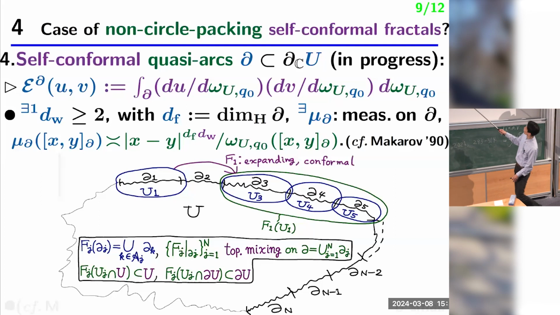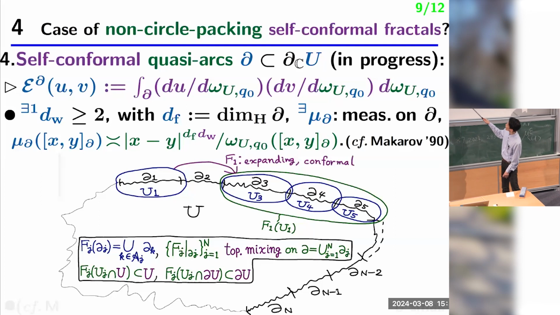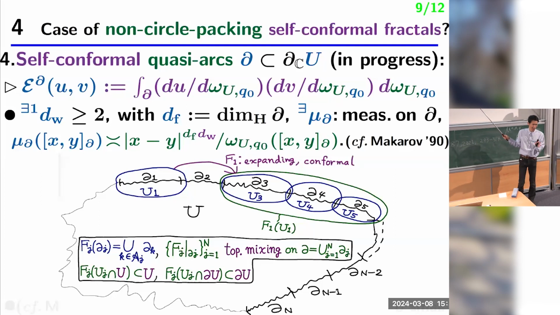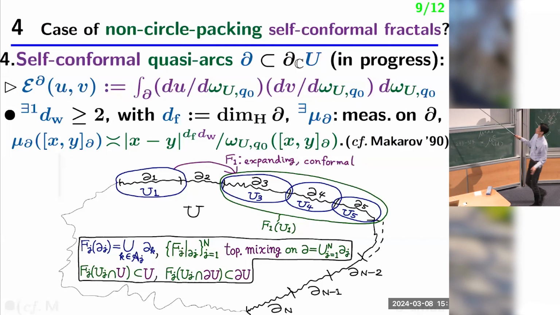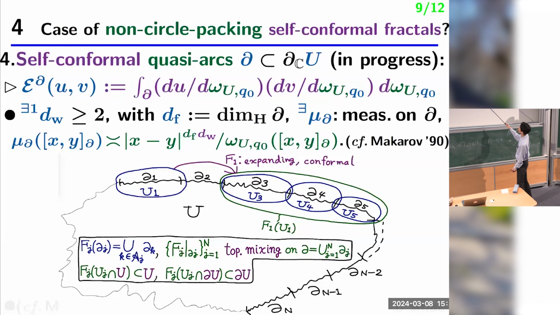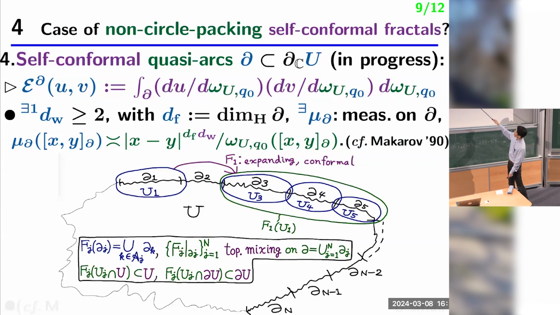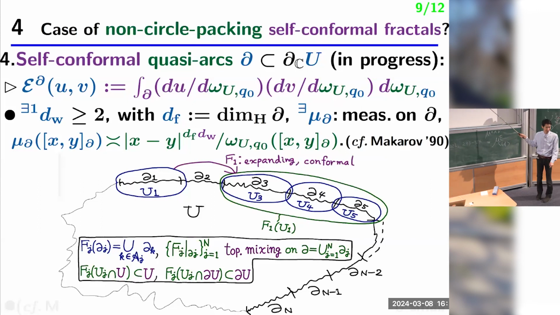So I'm trying to construct some measure which looks like the energy measure of the embedding map. Okay, so the actual construction is this. In this formula, if this power were 2, then this would be just the distance squared divided by the value of the resistance.